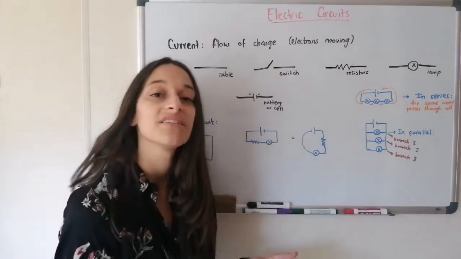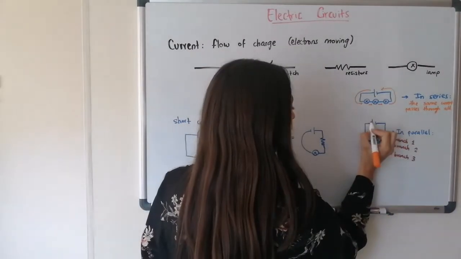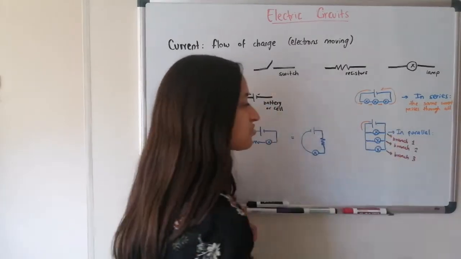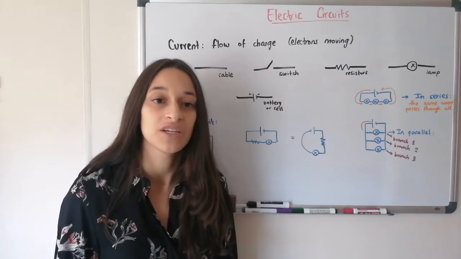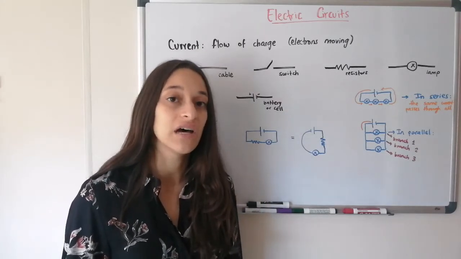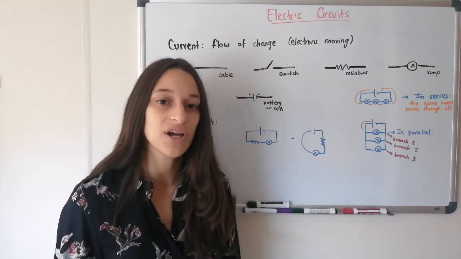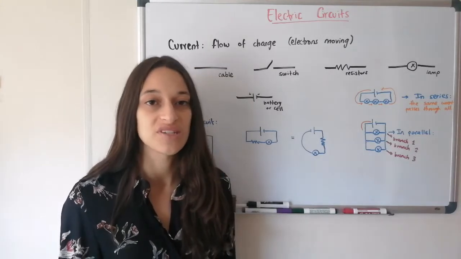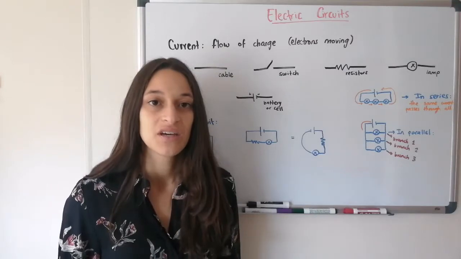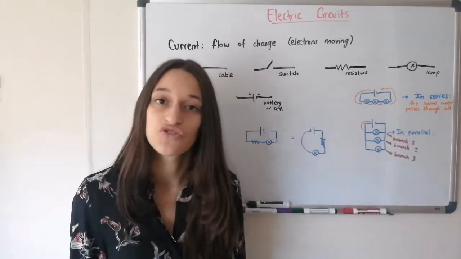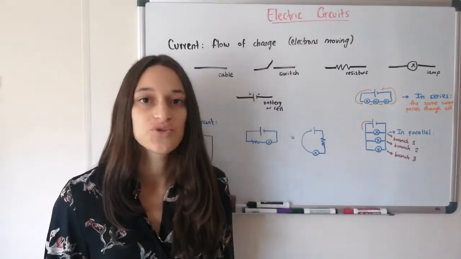So basically, when the electrons come out of the battery, they can choose how many go through the first branch, how many go through the second branch, and how many go through the third branch. And the electrons choose this because they try to choose the path of least resistance. So electrons don't like to make an effort to pass through something. So if there's a path that is easier to travel through, the electrons are going to choose that path.